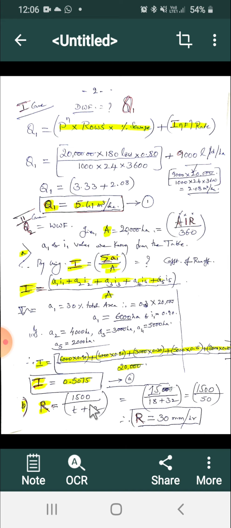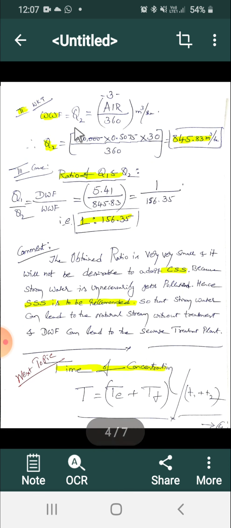So you substitute this T value, then divide by this much and find the final value. 1500 divided by 50, so you will get 30 mm per hour. R can be determined so easily. What is the unit of R? mm per hour.